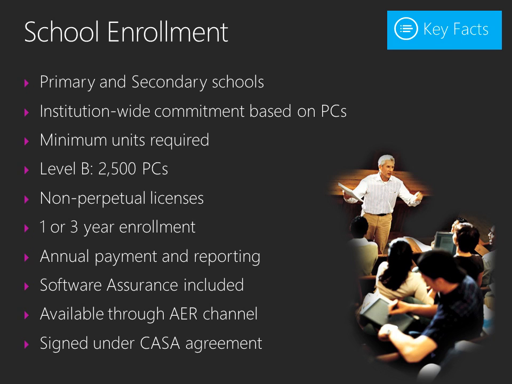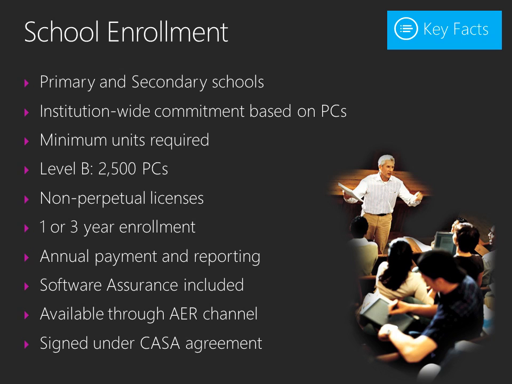There are minimum units required to start purchasing through this enrolment, and these minimum units again vary by region, so you will need to check in your local region to find out what they are. There are two price levels, a level A and a level B pricing, and if you are over 2,500 PCs, then you would move up into level B pricing.